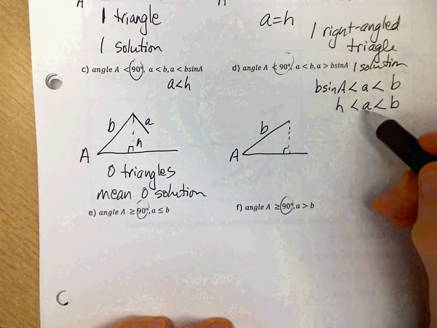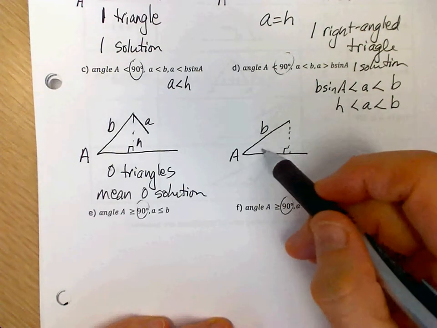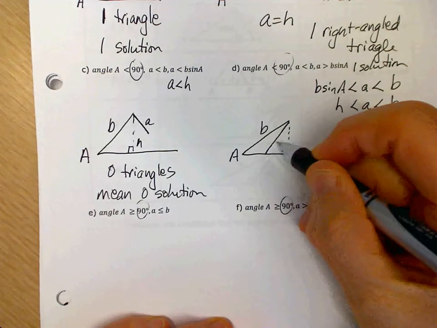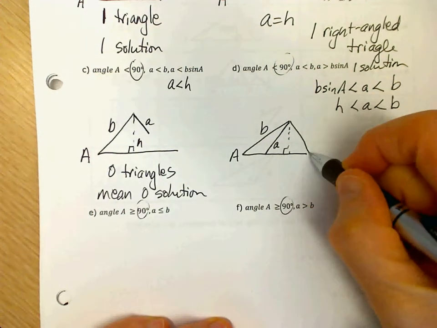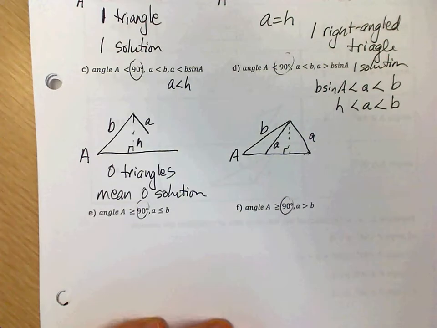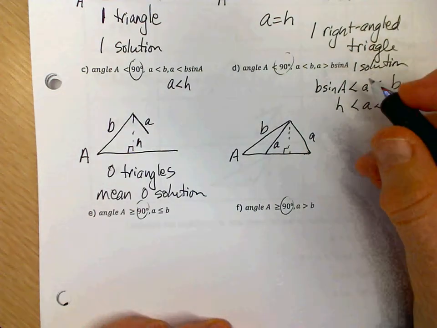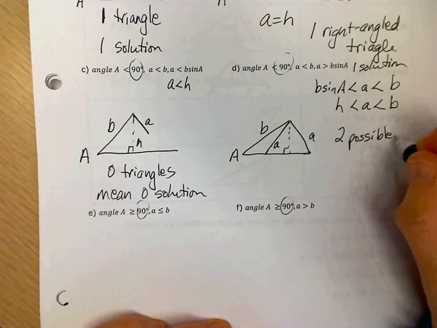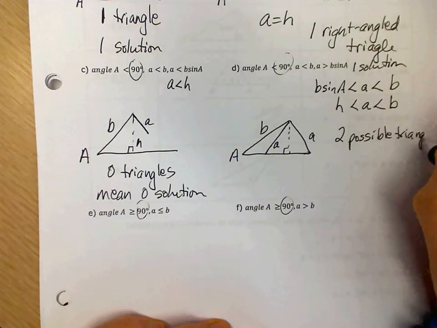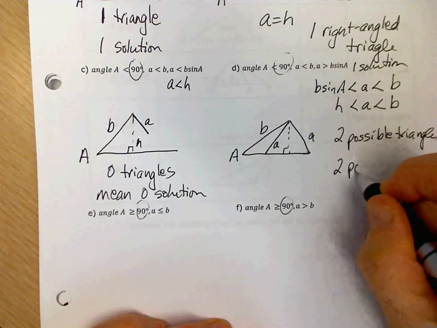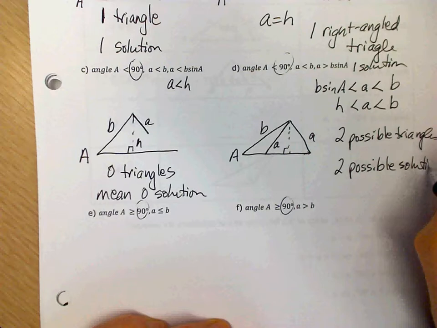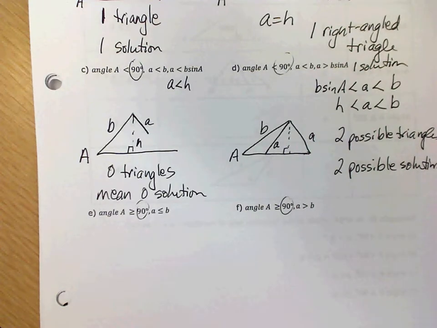Now they're saying A is greater than the height, but it's less than B. So what's going to happen is A could be there or A could be there. So we have two possible triangles. That's the ambiguity. We're going to have two possible solutions. Does anybody have any questions?